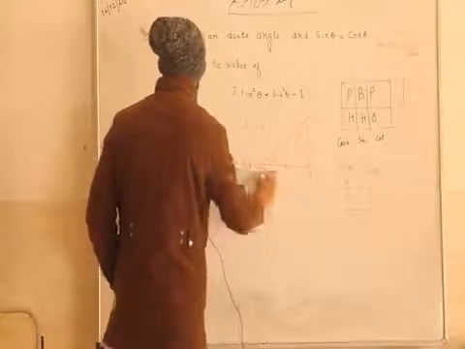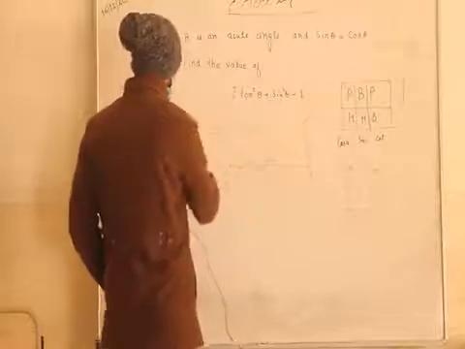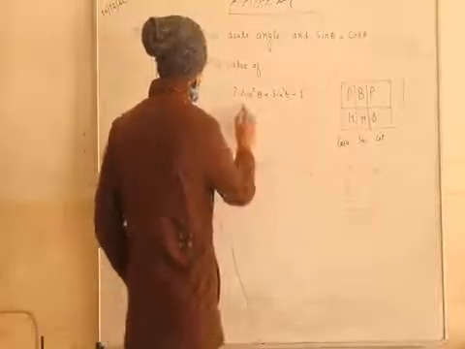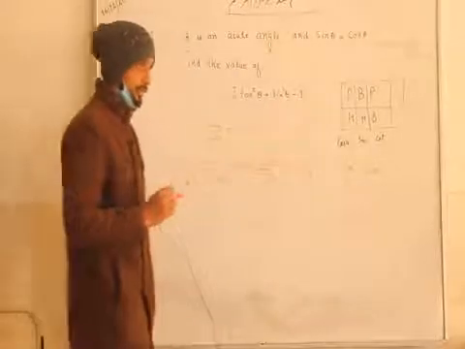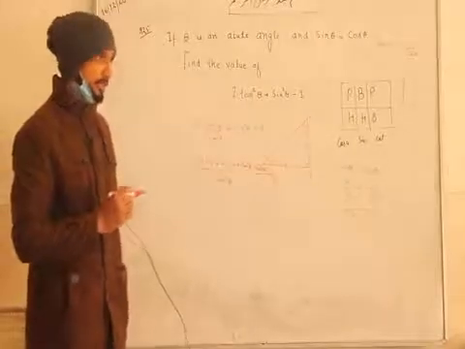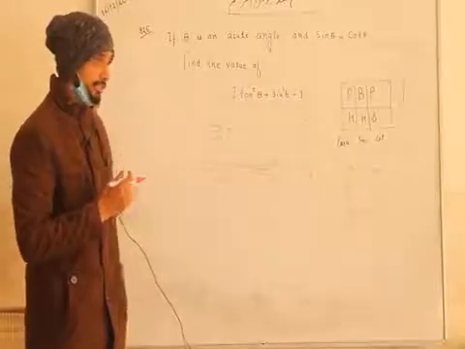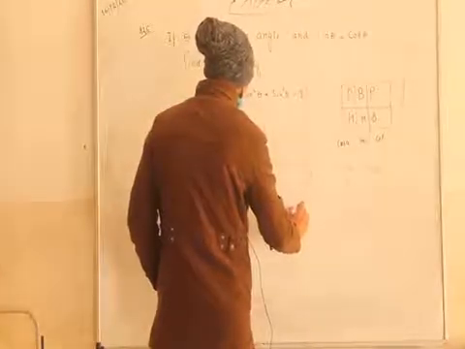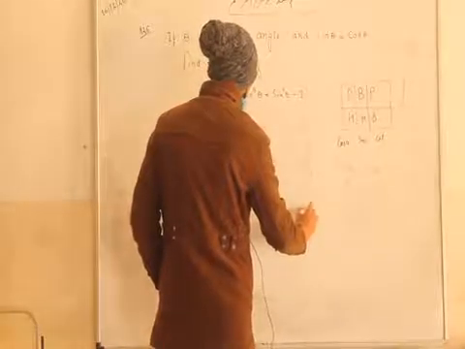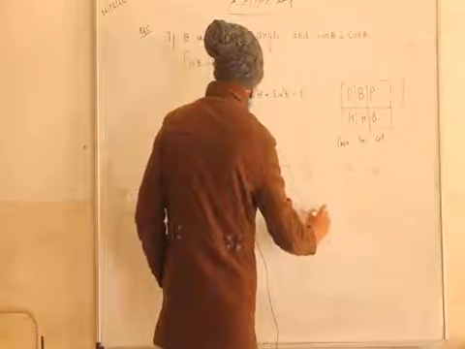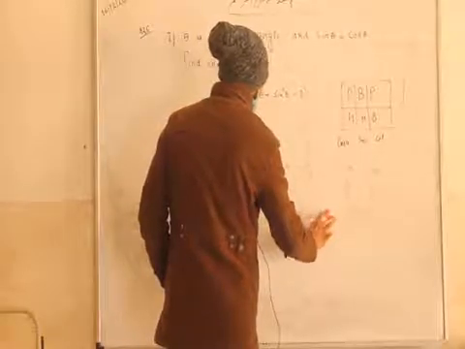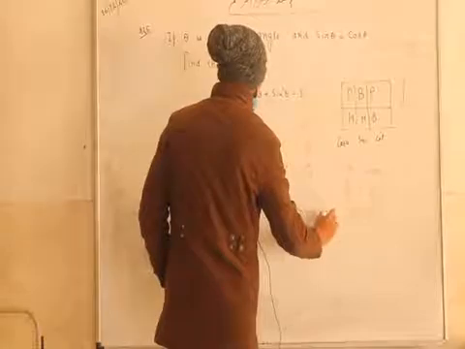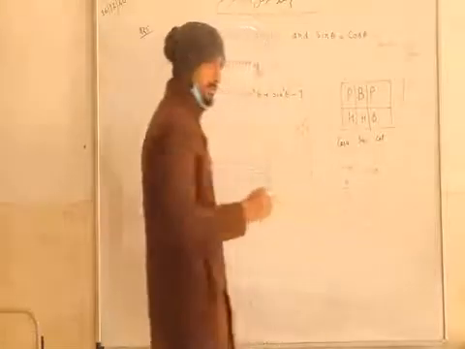So for that, the simple way we are going here, directly we can put the values of these two, tan theta and sin theta. We know that the angle is 45 degrees, so we can write this like 2 tan square 45, plus sin square 45 minus 1.